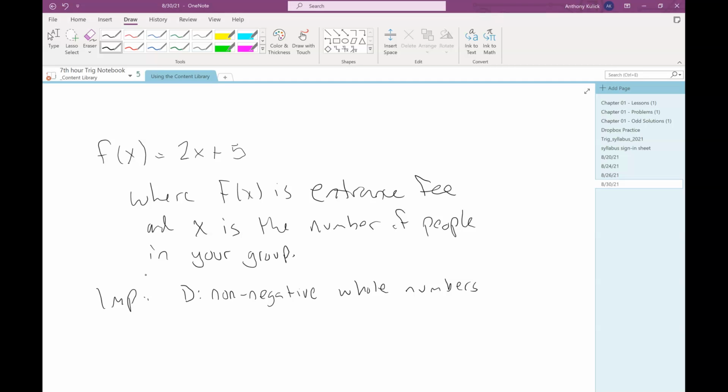So unless you see a bunch of words with the problem, the implied domain is just going to be all real numbers, is what it basically comes down to, right? And even if there's a bunch of words, the implied domain could still be all real numbers, right? Okay. You need an example of that? No? Okay.